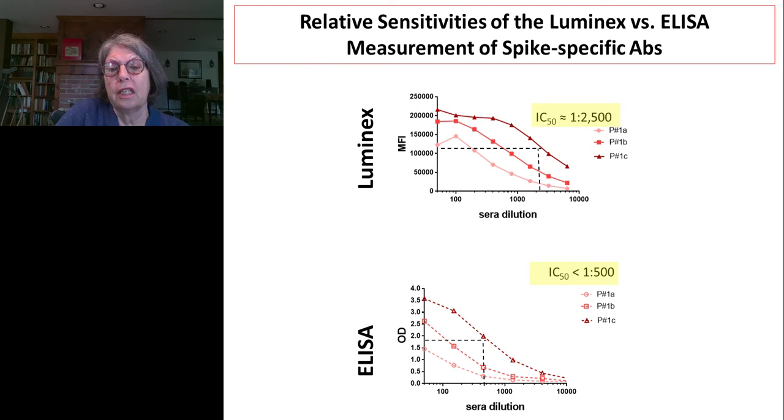So there is at least a five-fold, and in some cases up to a 10-fold difference, with the Luminex assay being much more sensitive.